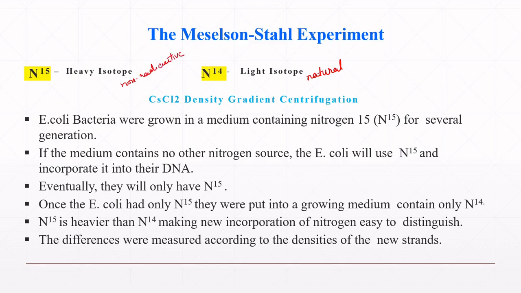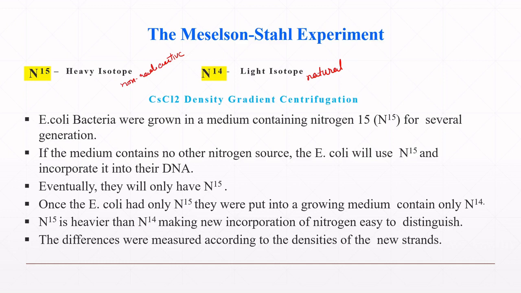It is slightly heavier than the natural isotope. To distinguish between DNA containing these two isotopes, Meselson and Stahl used a technique called cesium chloride density gradient centrifugation.